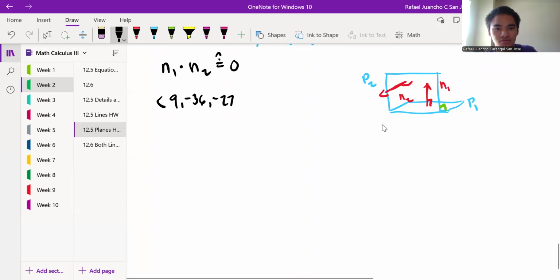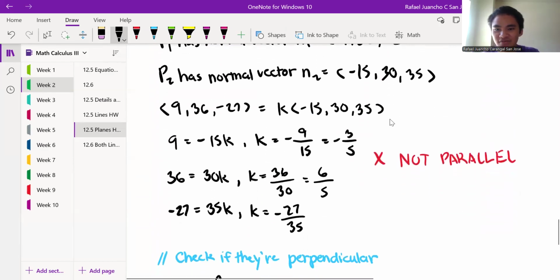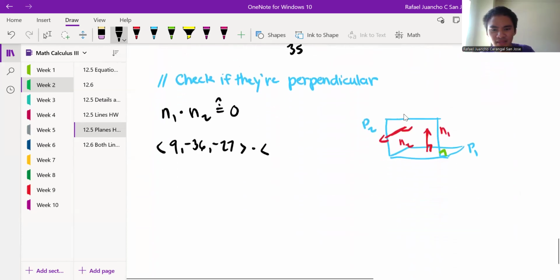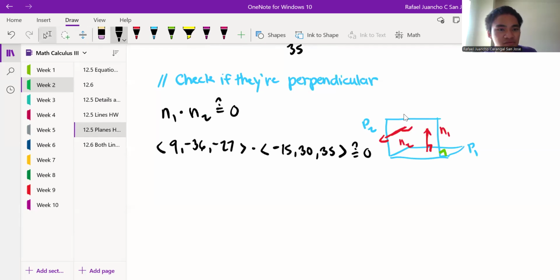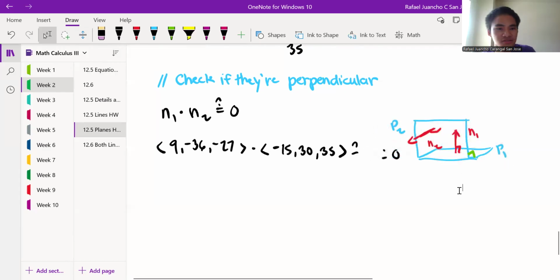Negative 15, 30, and 35. But if there's another way, please do tell me. I think one way of doing math is drawing visuals, which helps me see things this way.